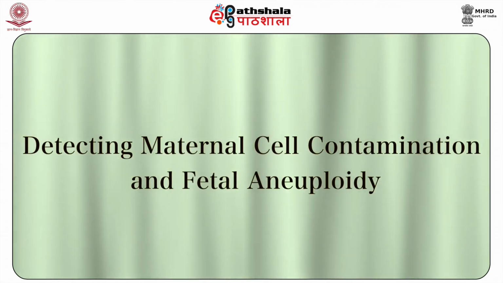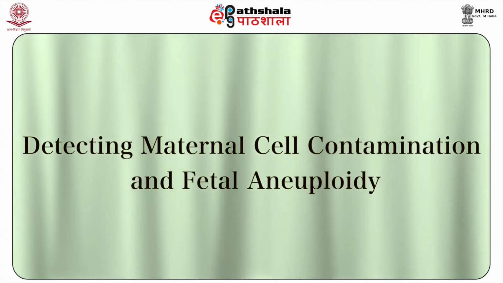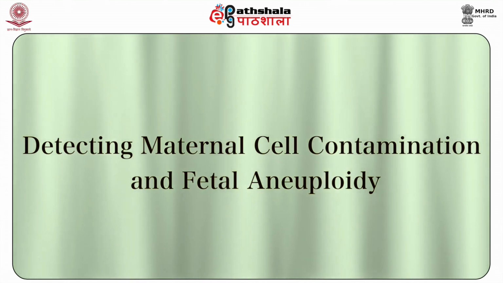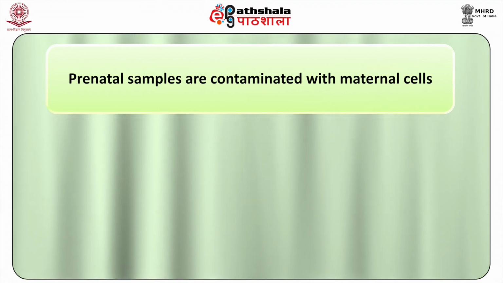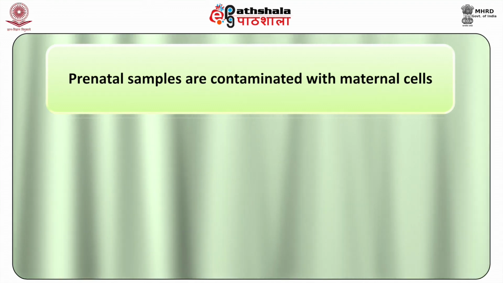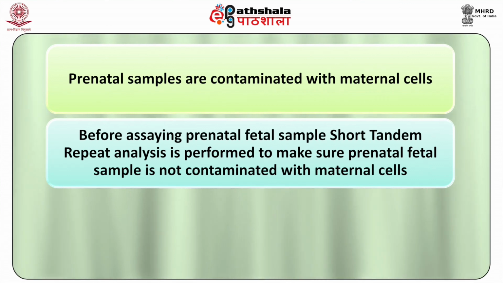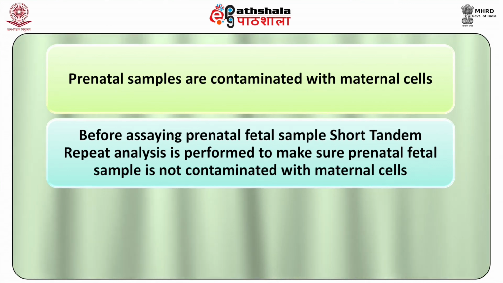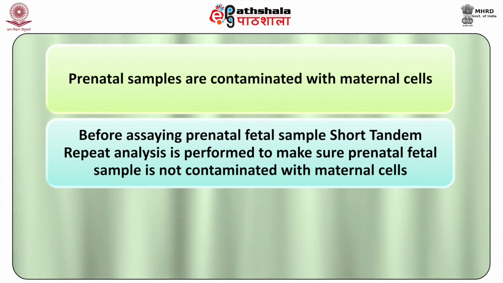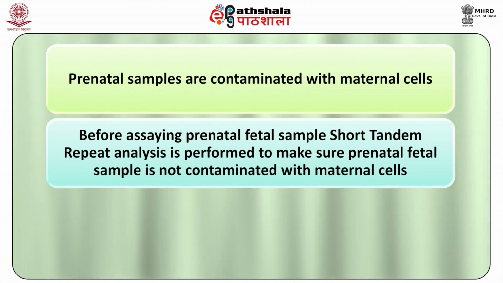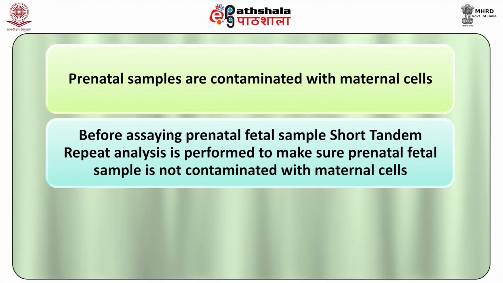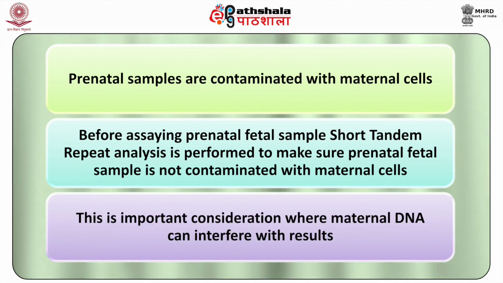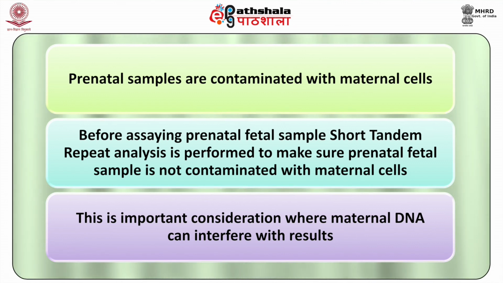Another application is detecting maternal cell contamination and fetal aneuploidy. Prenatal samples are contaminated with maternal cells. Before assaying a prenatal fetal sample, short tandem repeat analysis is performed to make sure the prenatal fetal sample is not contaminated with maternal cells. This is an important consideration where maternal DNA can interfere with results.